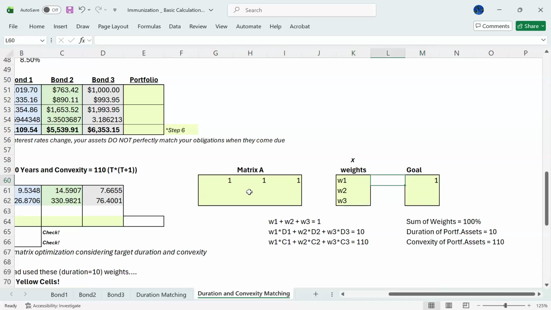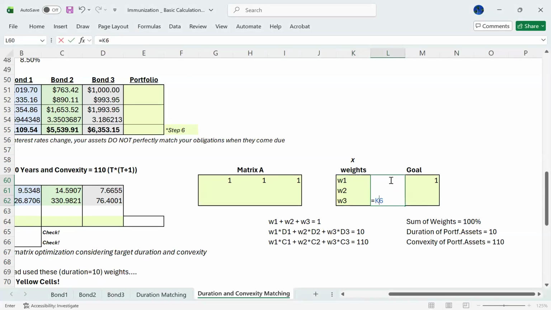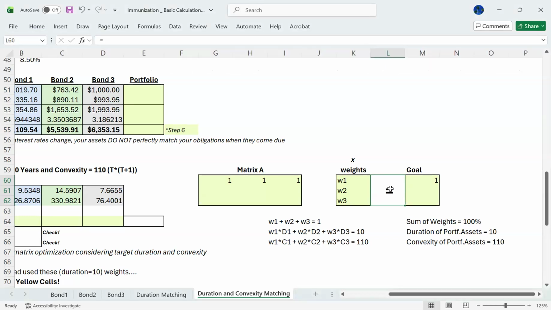Okay, this is equal, and this is times, we're multiplying.